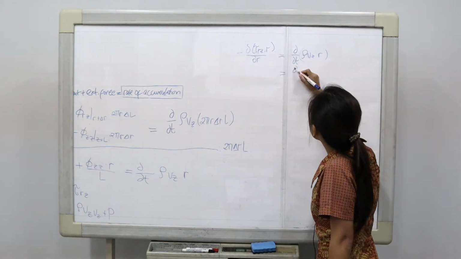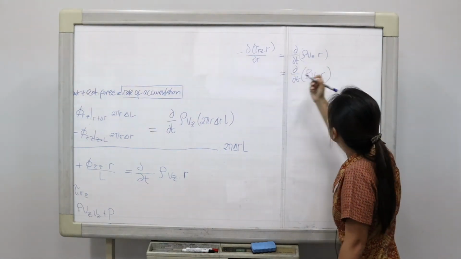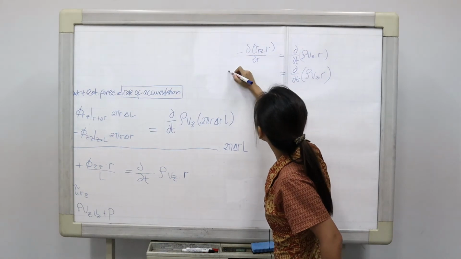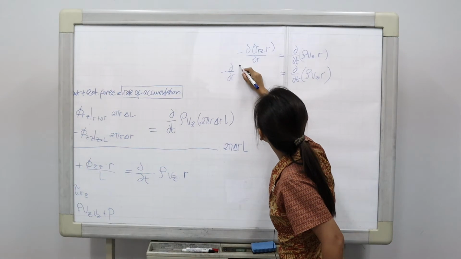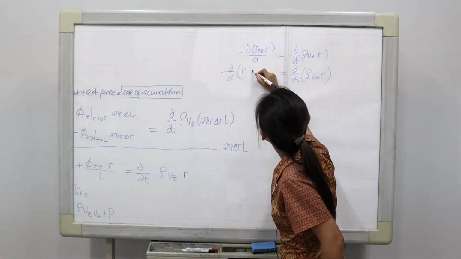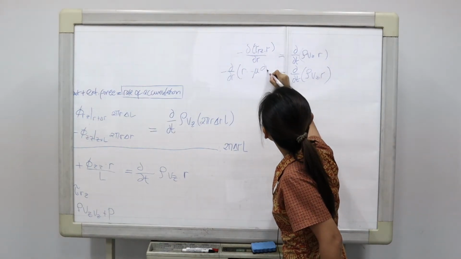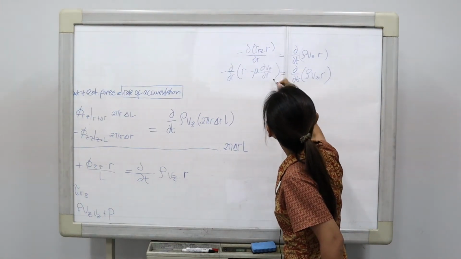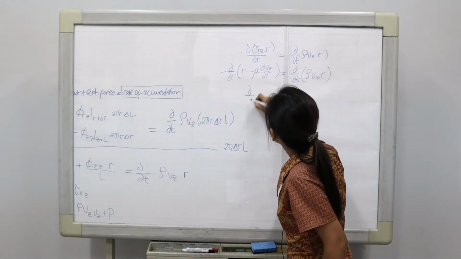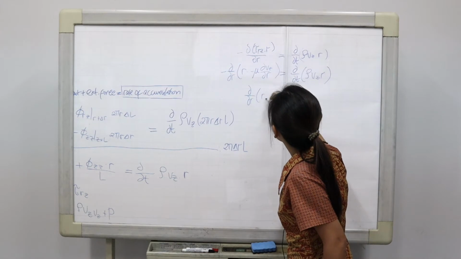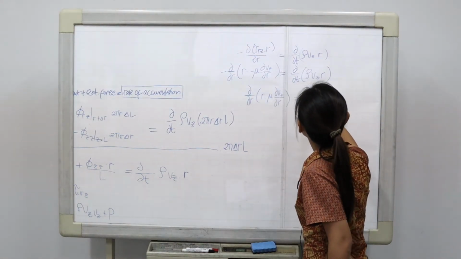Or I can extend it a bit: ∂ over ∂r of r times minus mu ∂Vz over ∂r. Minus and minus become positive, so r mu ∂Vz over ∂r.